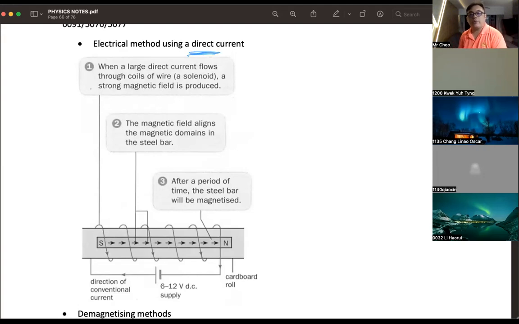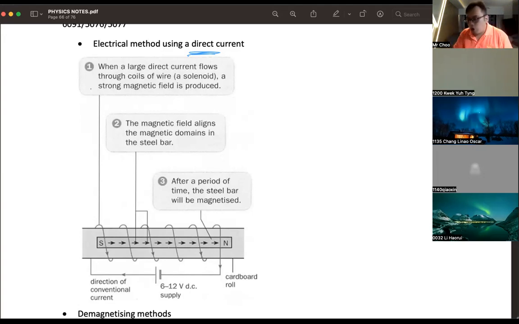So how do you remember which side of the wire is the north pole? That's the question here. How do you remember which side of the cylinder or the bar is the north pole? Okay, I want you to see this. Imagine this is the bar. You can see your solenoid, or your coil of wire, is around this cylinder.